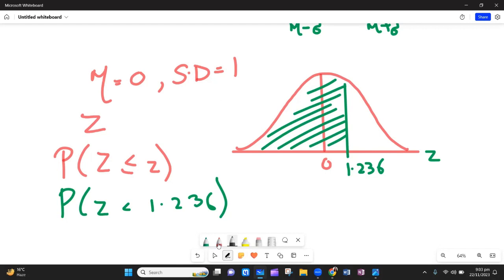Okay. Now what you have to do, you have to read the normal distribution table to give the answer for this. By the way, it's also represented by phi z. So if the question says find phi bracket 1.236, then you have to find probability z is less than 1.236.